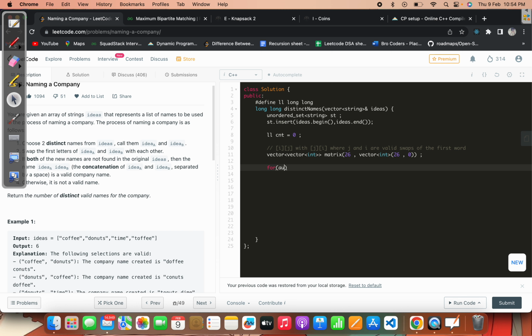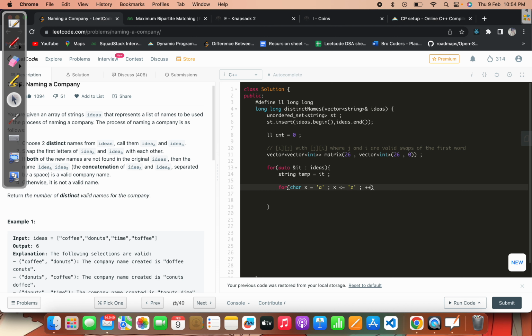So let's now iterate over the string ideas, array of ideas, and try to replace the first letter by all 26 choices. Just like we have given our first word is it, string temp is equal to it. This is our string, and we will try to replace its first letter with all possible choices, that is from A to Z. From A to Z, we have choices.